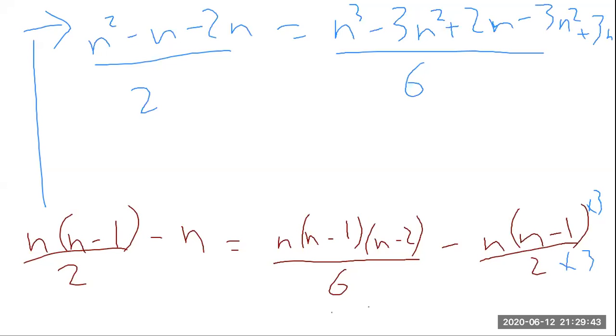Now I'm going to just cross multiply, so if I multiply this entire thing by 6, this would be 3n squared minus 3n minus 6n.